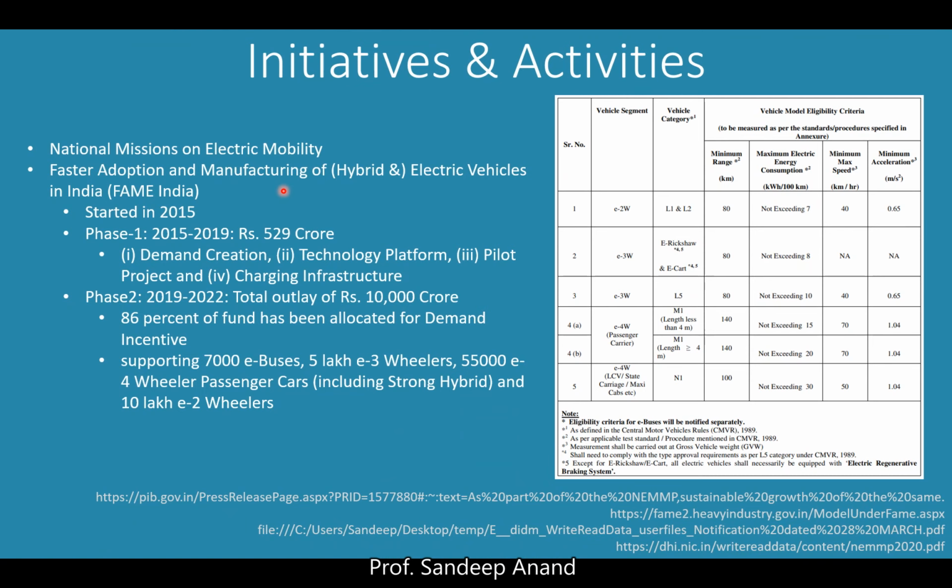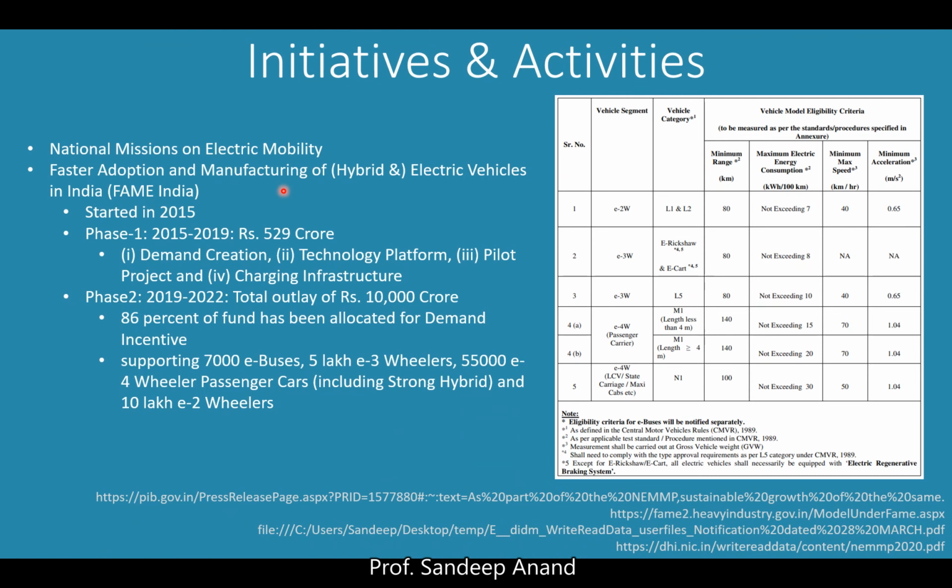So FAME is one of the schemes, which stands for Faster Adoption and Manufacturing of Hybrid and Electric Vehicles. It started in 2015 at a relatively smaller scale with a total outlay of about 529 crores, focusing on demand creation, technology platform, pilot projects, and charging infrastructure.